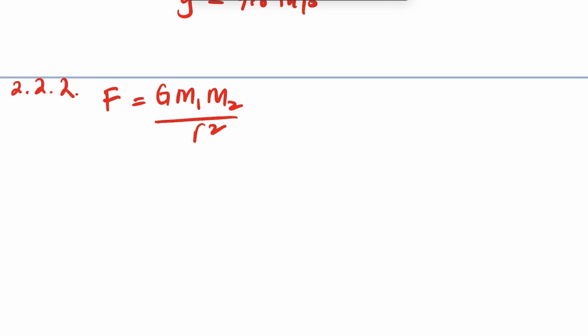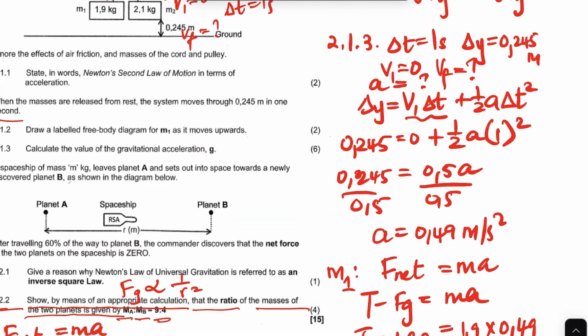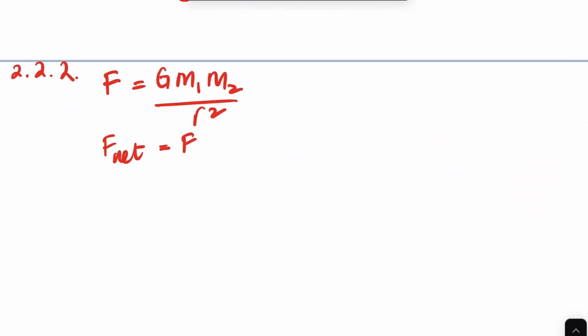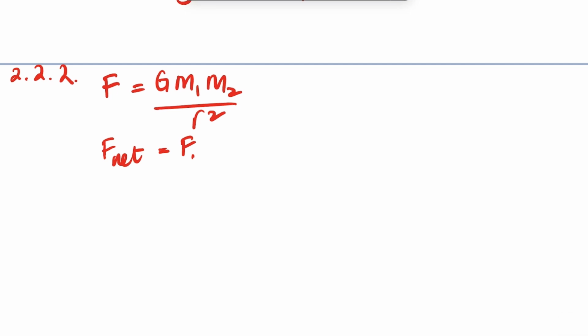And then what you need to understand from this is that Fnet is the force of planet B on the spaceship, which is negative because it's going in this direction, right? And then plus the force of planet A on the spaceship.